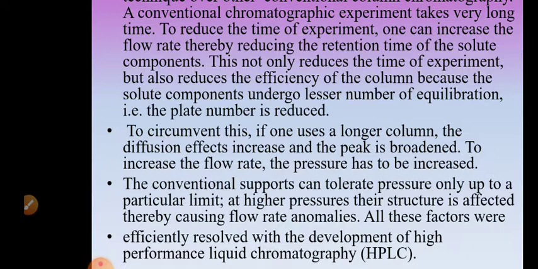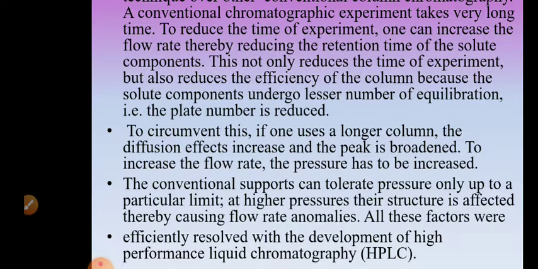To increase the flow rate, the pressure also has to be increased, right? The conventional chromatographic supports used in the column can tolerate pressure only up to a particular limit. If you increase the pressure, higher pressure is not tolerated, and the structure of the stationary phase inside the column is affected, thereby causing defective resolution and anomalies in the flow rate.